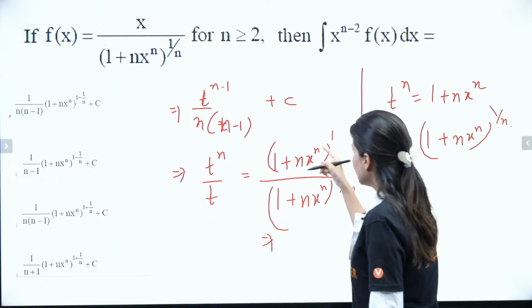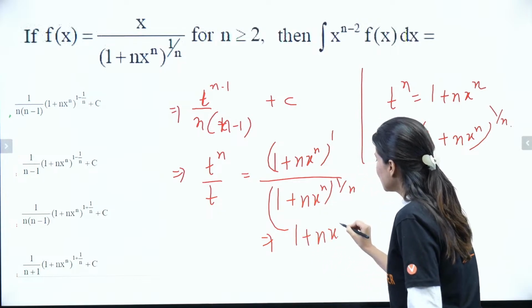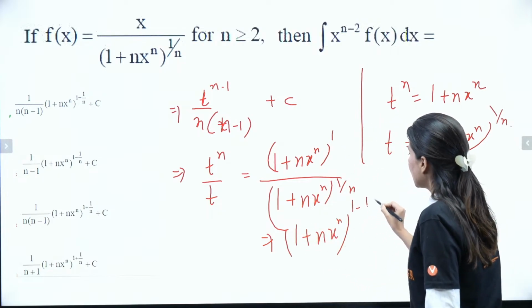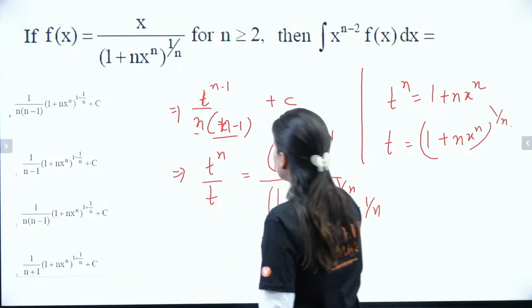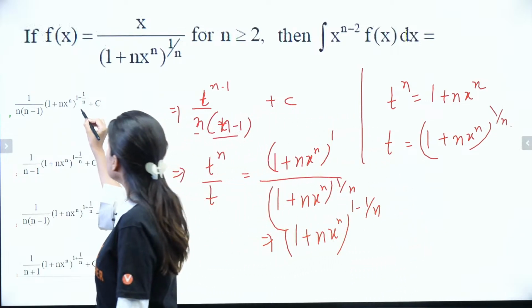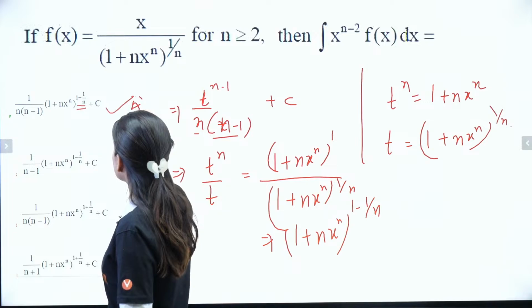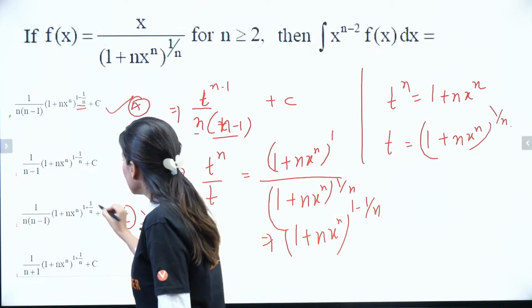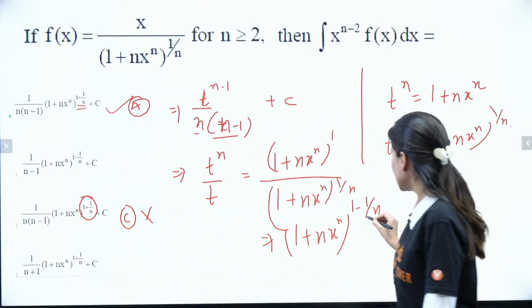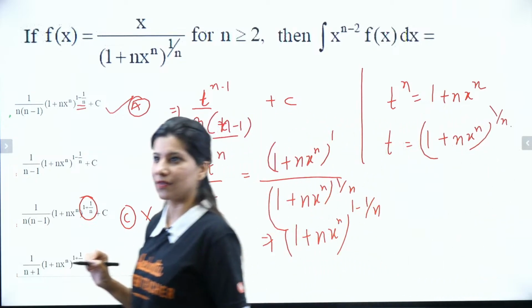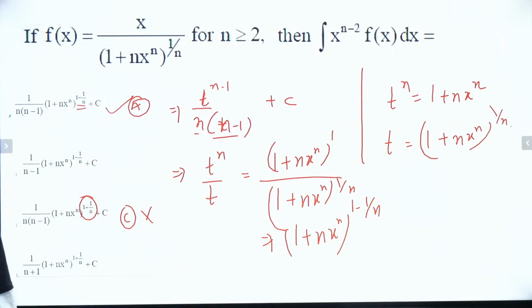So can you see, this is going to be 1 plus n x raised to power n to the power 1 minus 1 by n. And of course, let's not forget n minus 1 was already there. So 1 minus 1 by n, option A is absolutely right. Option C is absolutely wrong because of the power. Can you see 1 minus 1 by n is my answer? Okay.